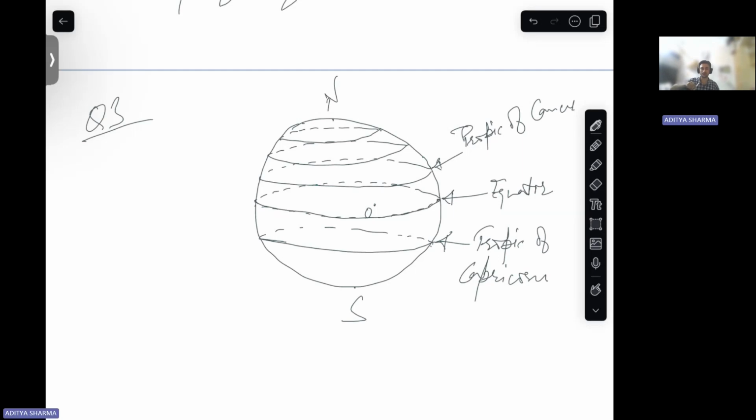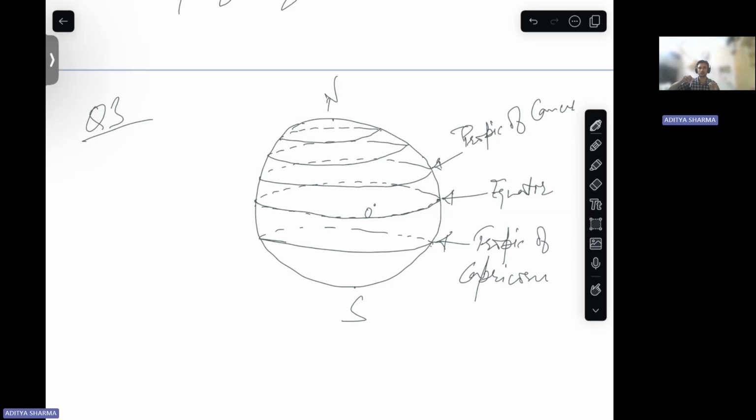When the sun is at Tropic of Cancer, there are summers in your northern hemisphere. When it's at Tropic of Capricorn, there are summers in your southern hemisphere.